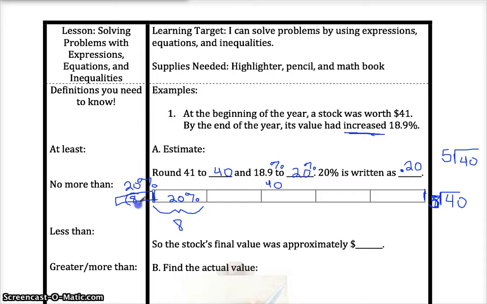So it increased by an additional $8. So this bar was about 40, and now we've got another 8 to add on to it. So 40 plus 8 is 48. So this is our approximation. This is a close guess to what the actual value is.